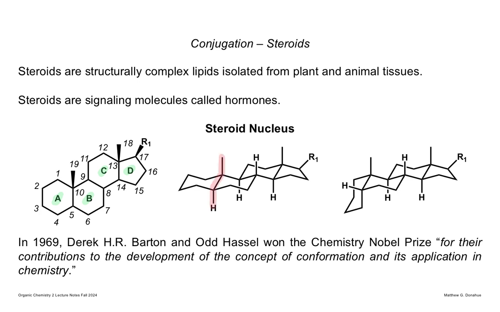That would be trans, or in the other case, cis. And we're looking at the methyl to hydrogen relationship. And really the point of this is you can see when it goes to cis, that A ring is now a chair pointing down. So it's giving that molecule a different shape.